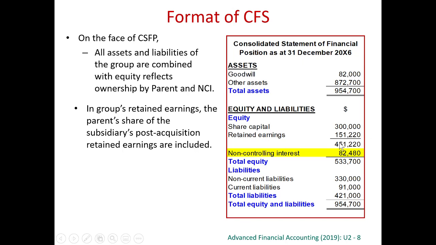So this 451,220 is the equity for the controlling interest, and this 82,480 is the equity for the non-controlling interest, and this will be the total equity. So assets, liability, income, expense, we simply add 100% of the parent and 100% of the subsidiary, but for equity, we cannot simply add them together.